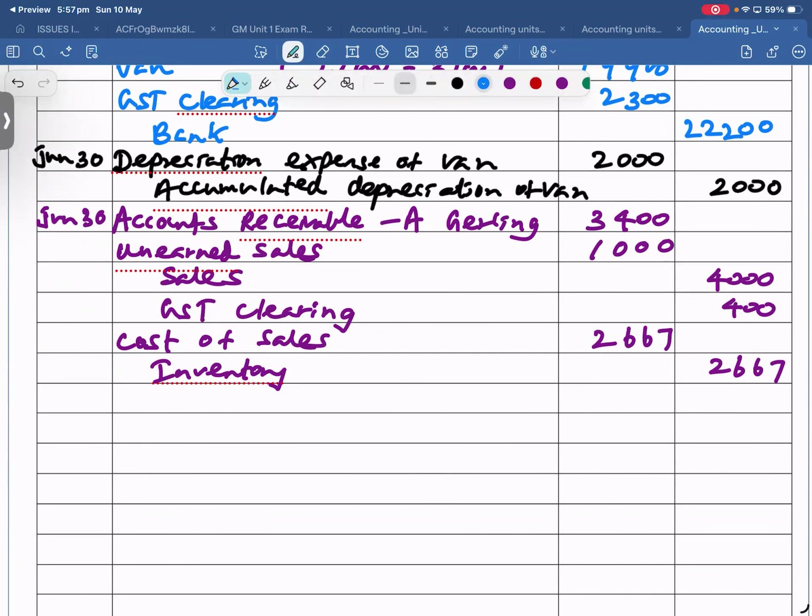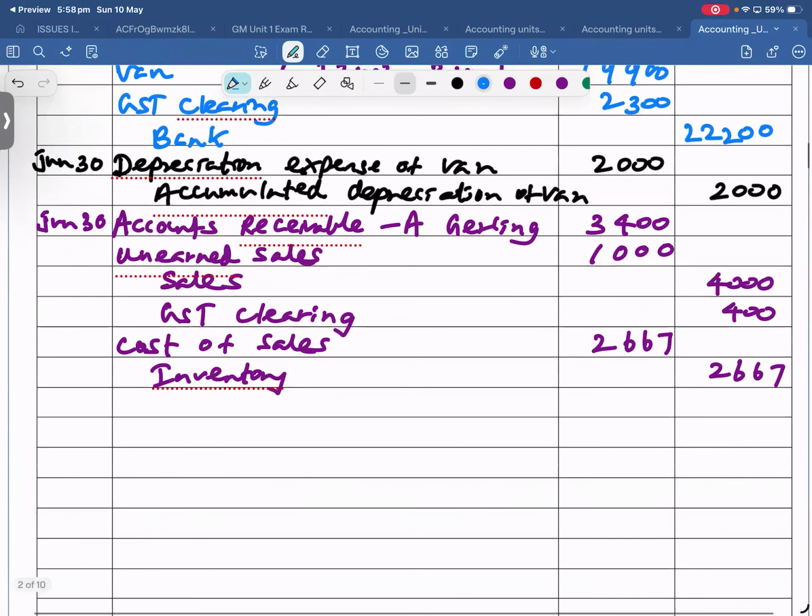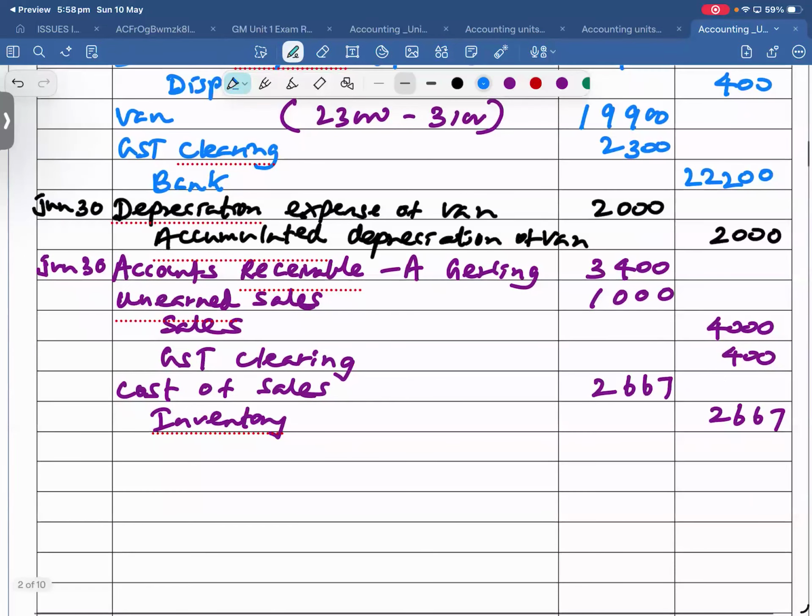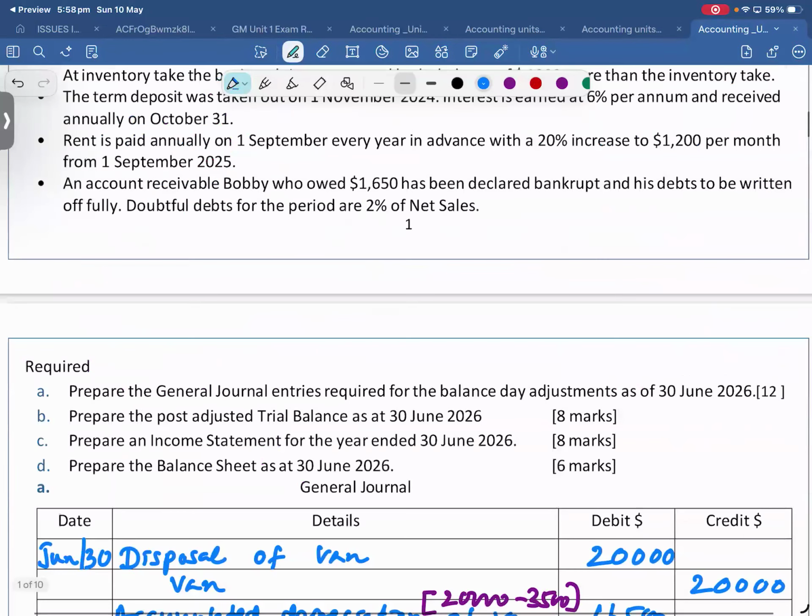Okay, guys, next one. Sorry, before that, we have to update the trial balance. So firstly, accounts receivable plus 3,400.